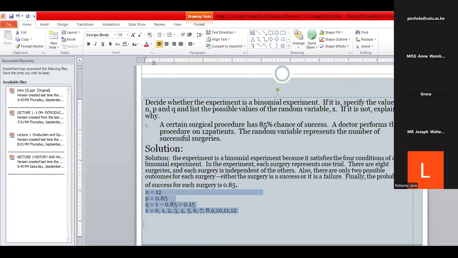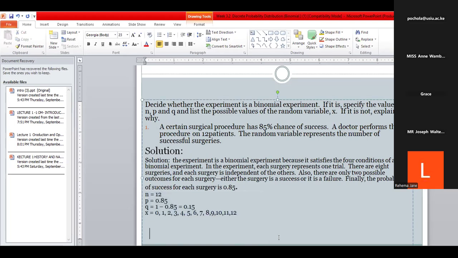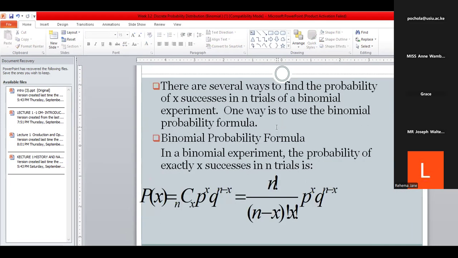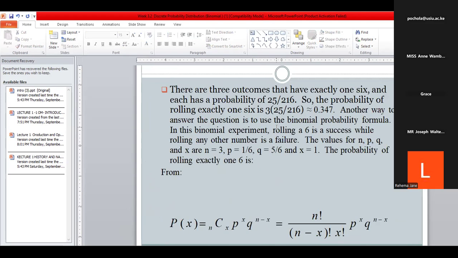So we are back here. Just a second, it's hanging a bit. Good. So this is what I've done.